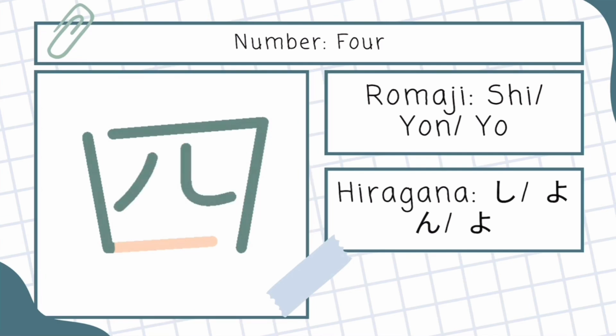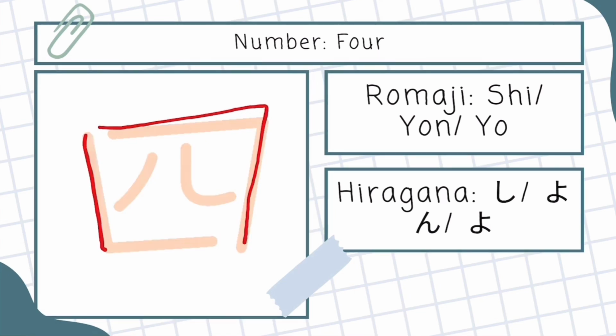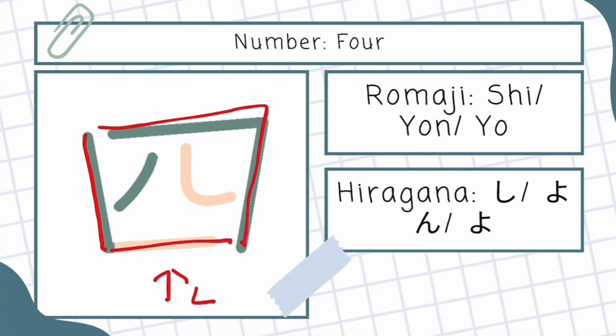I'm 99% sure it's going to be that, but knowing my luck, it's the 1% chance that it's not that. Anyway, you'll see yo occasionally as well. I don't really have a tip for learning this one, except 1, 2, 3, 4. It's kind of like it's got a box with 4 sides for number 4.